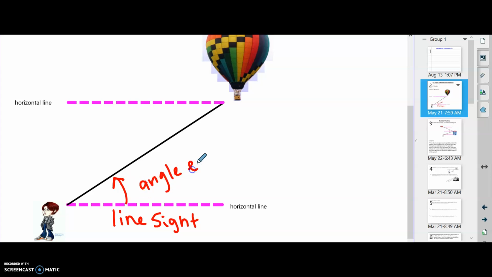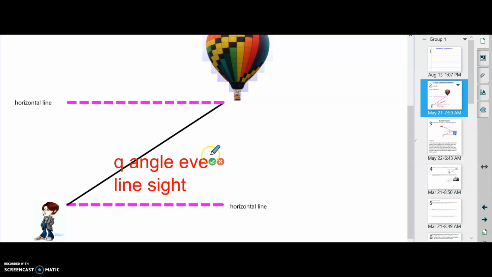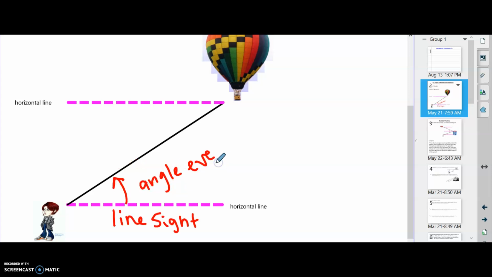Maybe she's looking way high up, so maybe it's a 70-degree angle of elevation. Okay.